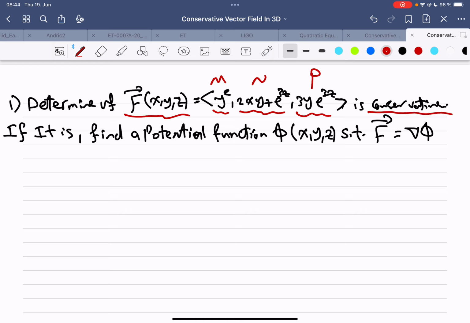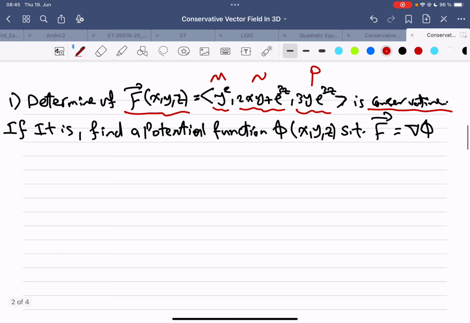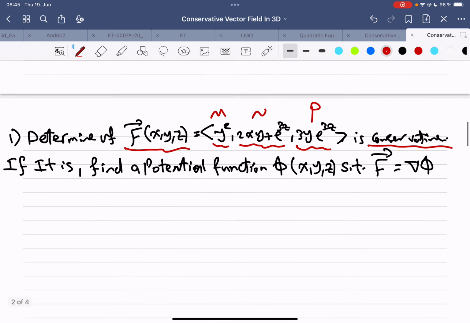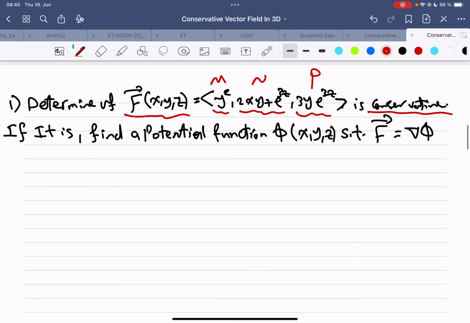To check if F is conservative, we will apply our condition. So our condition says that we'll start by My equal, if you differentiate this with respect to y, it will be 2y.